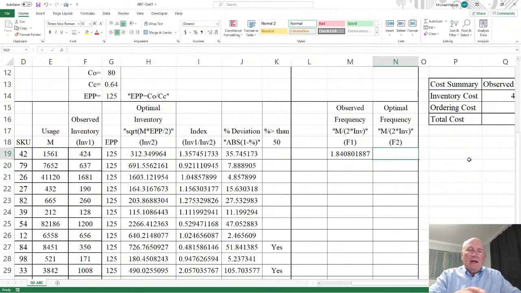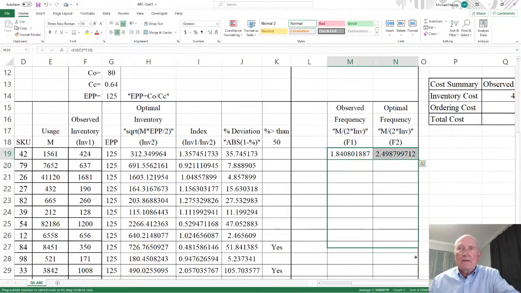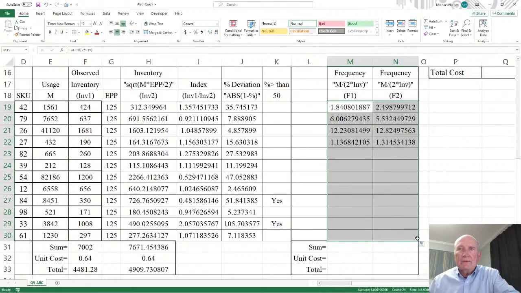Okay, and then for my optimal, same thing, M, my usage, demand same for each, divided by, open parenthesis, 2 times my optimal inventory right here. Okay, because demand, D over Q, equals F. Return. So now let's just take this and copy this all the way down. And there they go.